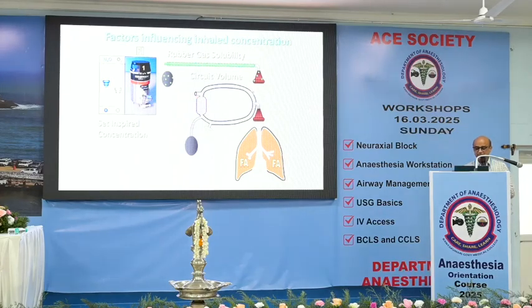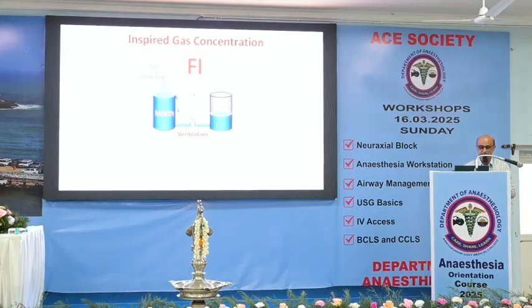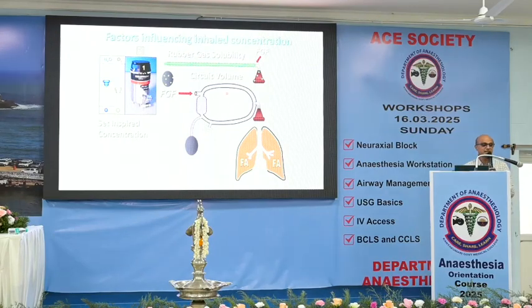So the second part can be the volume of the circuit. If the dead space is very high, this dead space has to equilibrate to this concentration before the same concentration can be delivered to the alveoli. Third can be, where do you give the fresh gas flow? If your fresh gas flow is proximal, it will take a longer time for equilibration, but if it is distal, it may take less time, as in the case of the Bain circuit.